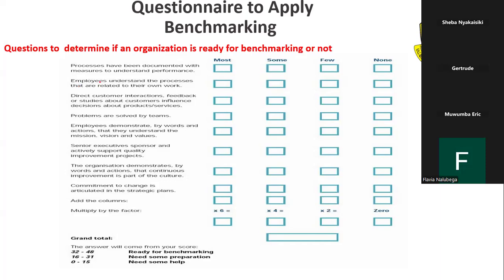Employees understand the processes that are related to their own work, and so on and so forth. So here, it gives even a summary to say if most people are between 32 to 48 and is ready for benchmarking. 16 to 31 need some preparation. 0 to 15 need some help.